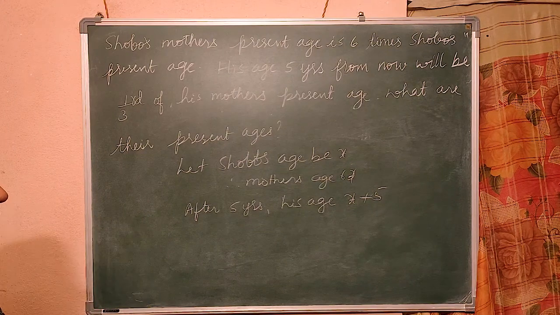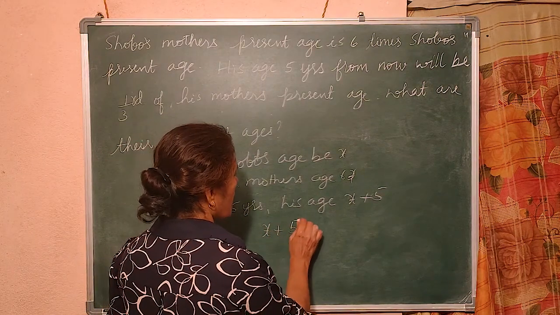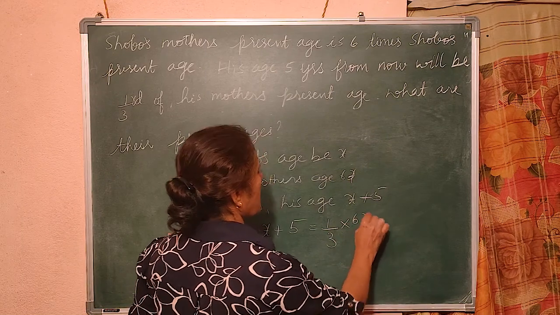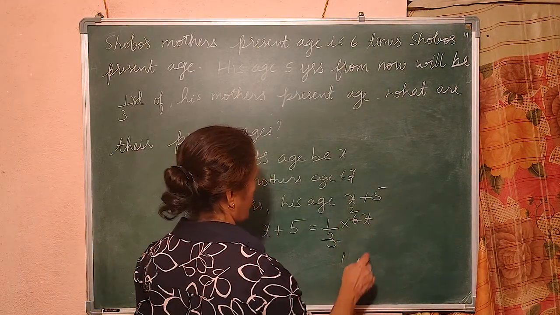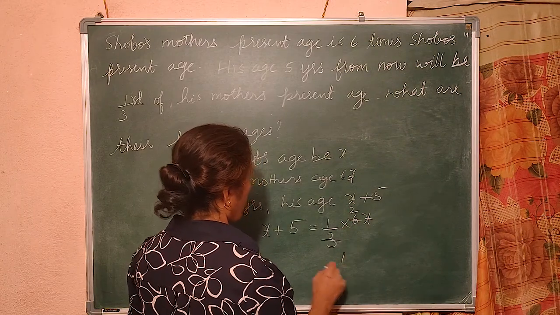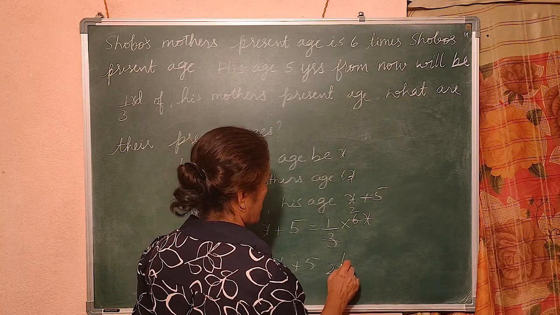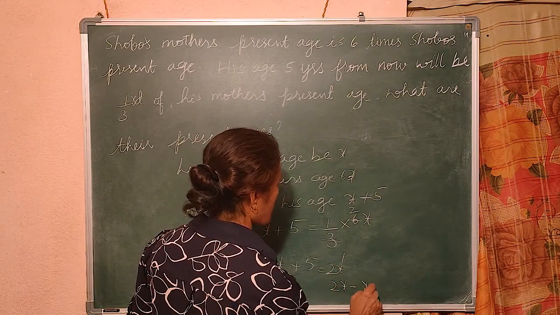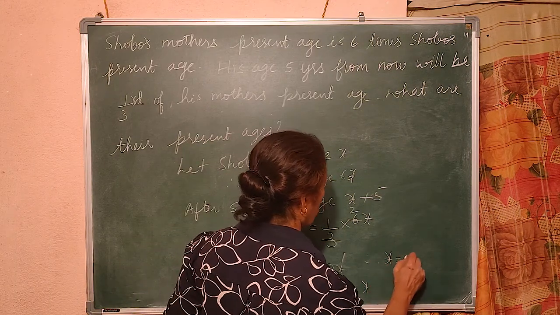So, what is that he has given? x plus 5 is equal to 1/3 of his mother's present age, 6x. So 3 ones are 3, 3 twos are 6, so what do you get? x plus 5 is equal to 2x. Or I can do 2x minus x is equal to 5. Therefore, x is equal to 5.